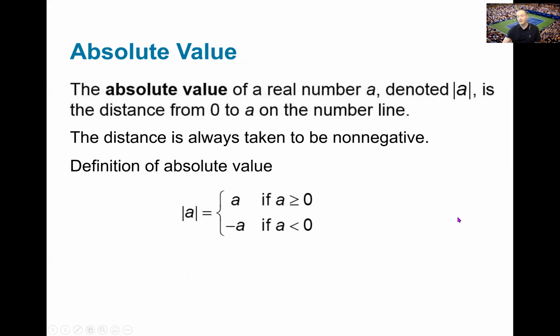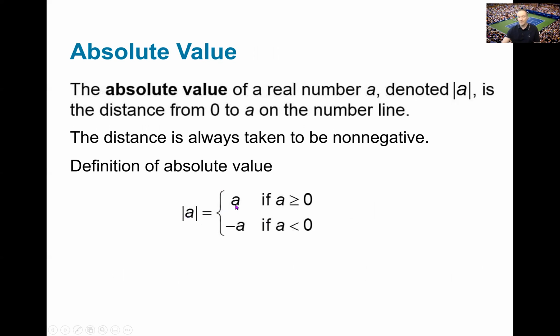Now, the absolute value of a real number is denoted as the absolute value of A. This is something I see students, even in calculus classes, forget. Whenever you have an absolute value, it could be rewritten as a piecewise function of that same number. The absolute value of A does absolutely nothing if the number on the inside is already positive.